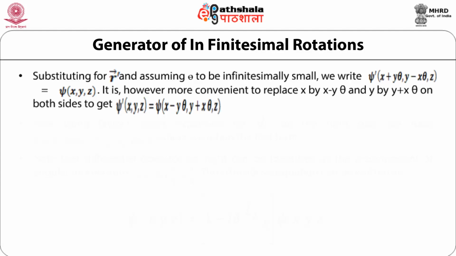So what we have done is that instead of writing psi prime as x plus y theta, comma, y minus x theta, comma, z, we are now writing the wave function psi prime as a function of coordinates x, y, z, and the wave function psi is now being represented by the corresponding coordinates, which are denoted by x minus y theta, comma, y plus x theta, comma, z.